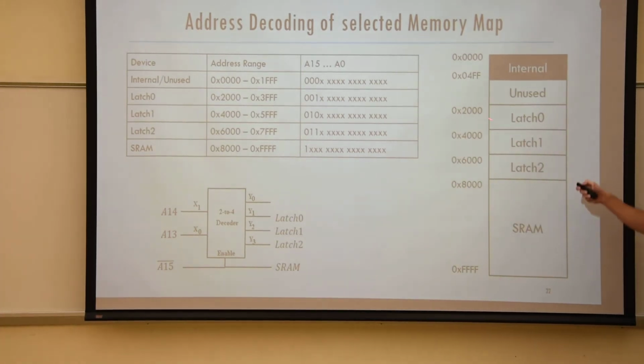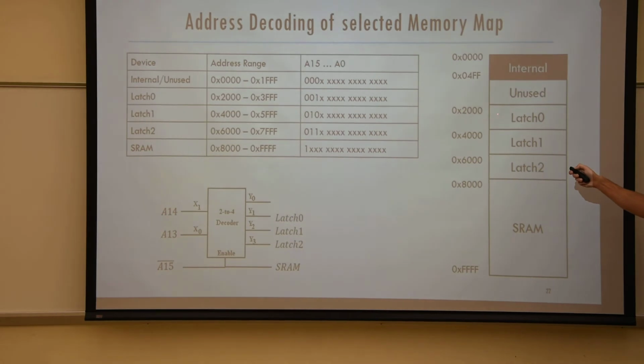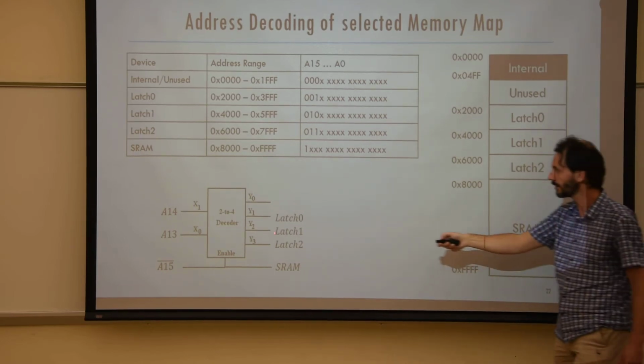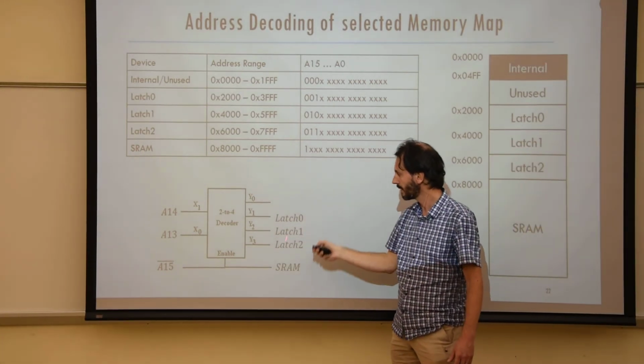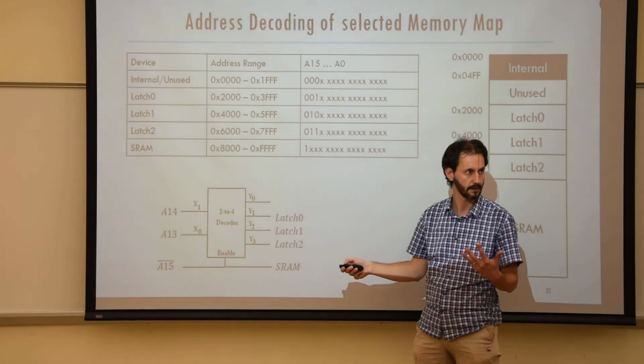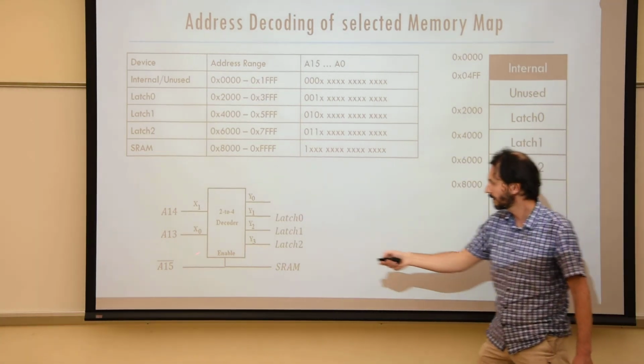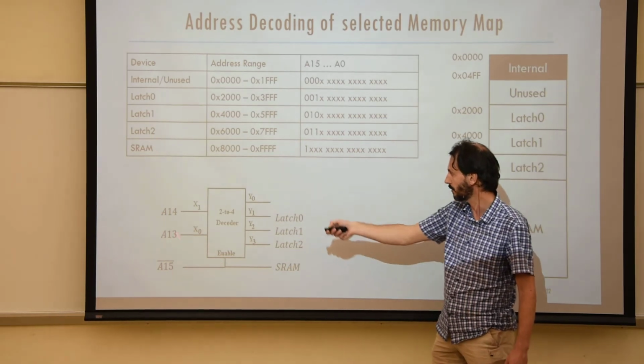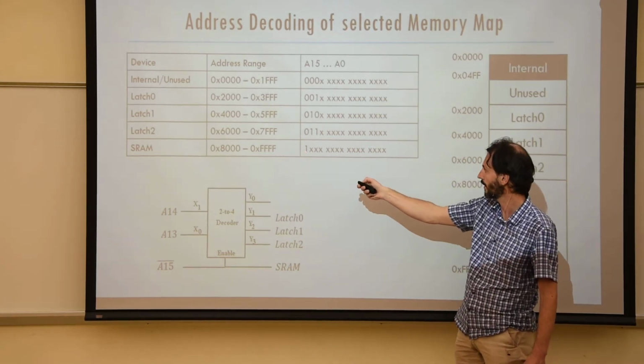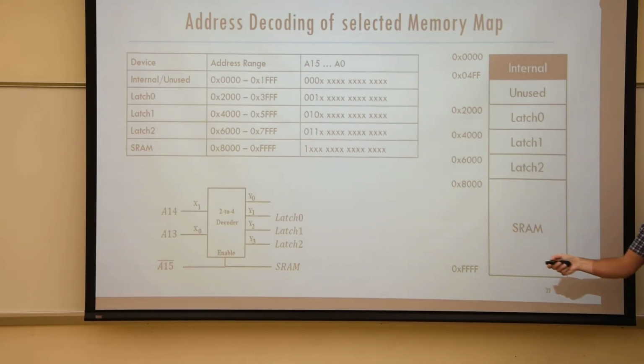So in other words, I'm assigning a much larger address space to this simple latch than I really need, but I do this in order to optimize my decoder, in the sense that it requires the least number of components and area size. So if A15 tells me that I'm not interested in this, so I have a 1 over here, then I'm going to connect to the SRAM.